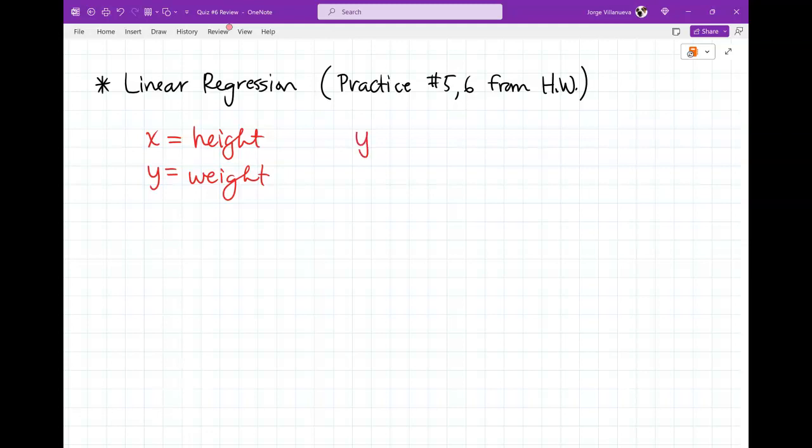I'm going to say that this is the equation that we got that references weight and height: y equals 40x minus 120. Then they're going to say, here are your two questions. So this will be number 7 and number 8.